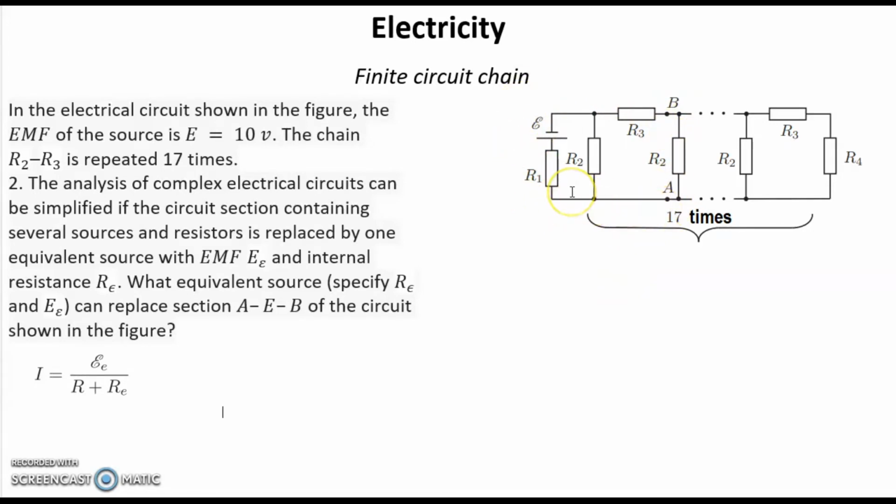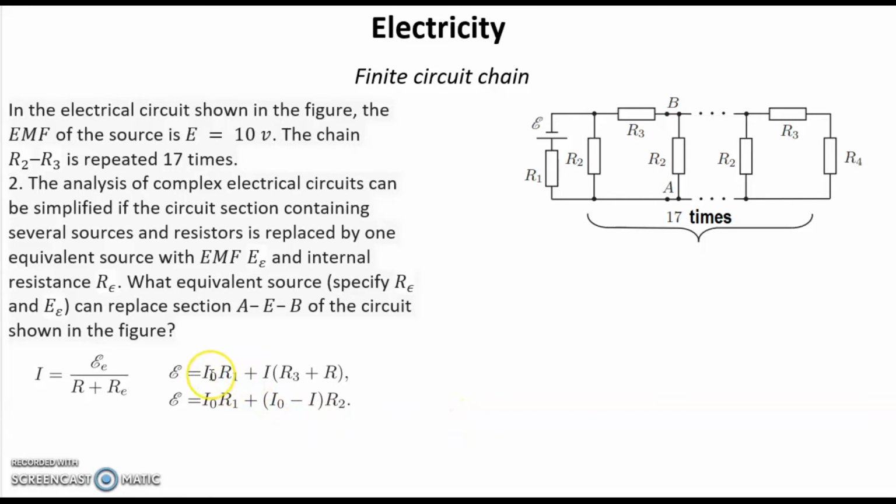First, the current through resistor R1, R3 and the outside resistor R. And second, the current through R1 and R2. So these are the two equations.